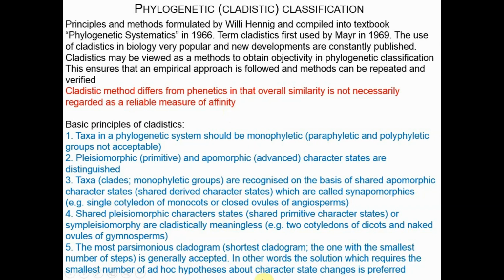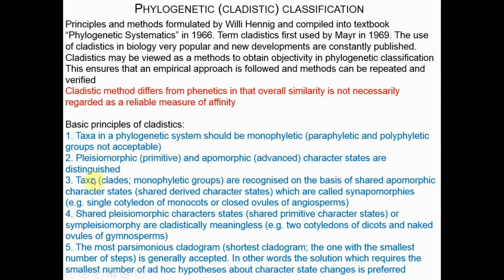The basic principles, so these you should know, and you should be able to compare it to the principles of phenetic analysis. So you can see that these are quite different, and here a strong emphasis is placed on evolution. So taxa in a phylogenetic system should be monophyletic, and para and polyphyletic groups are not acceptable.